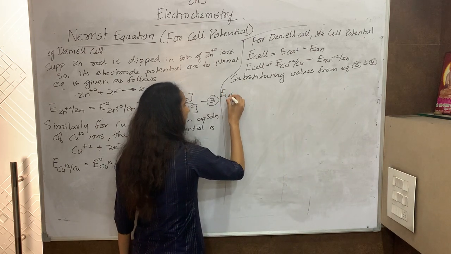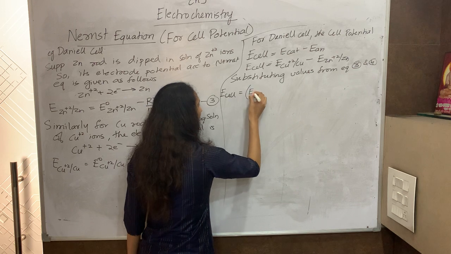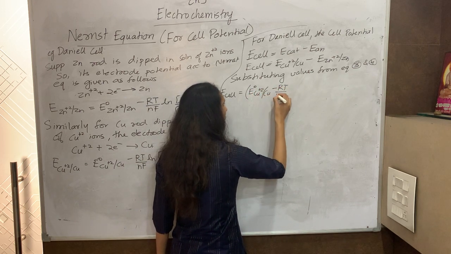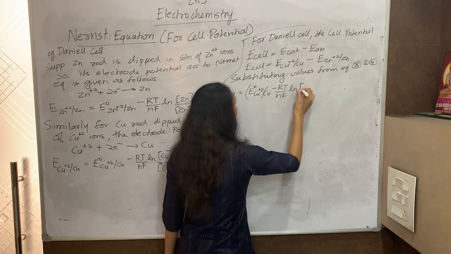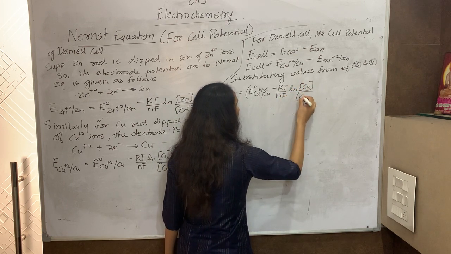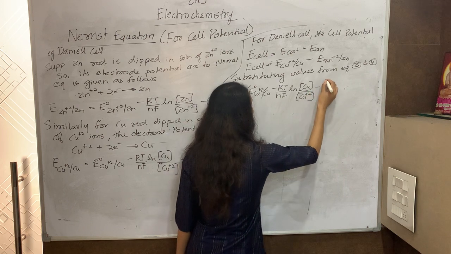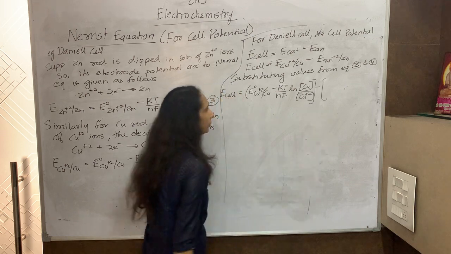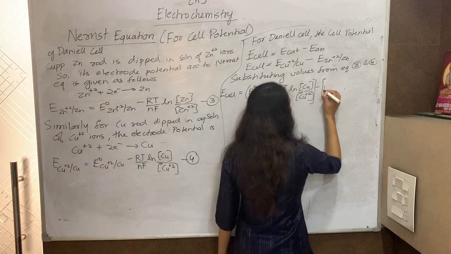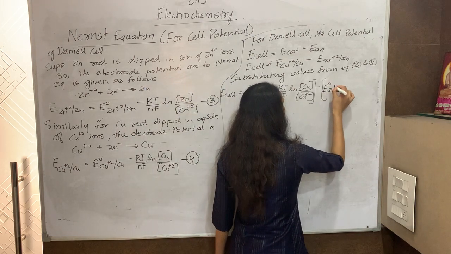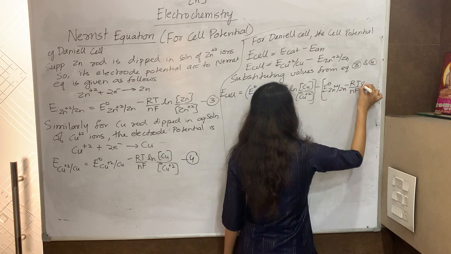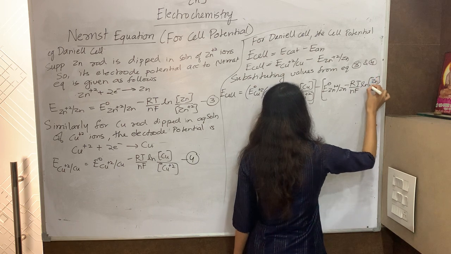E cell is equal to E naught Cu plus 2 Cu minus RT upon NF ln Cu upon Cu plus 2 minus, I will be substituting it for zinc, E naught Zn plus 2 Zn minus RT upon NF ln Zn upon Zn plus 2.